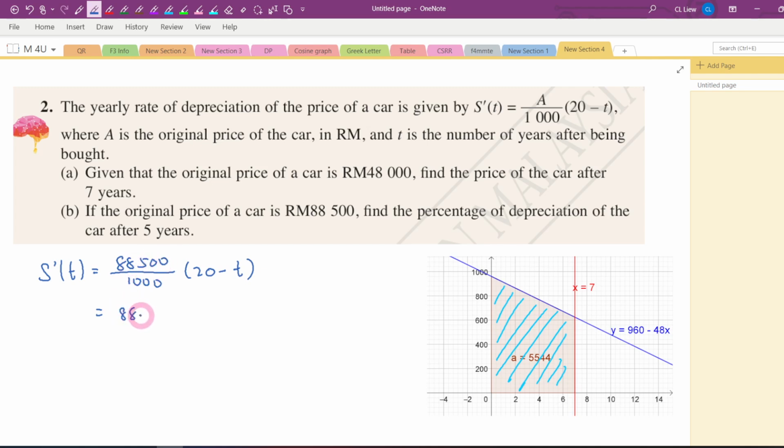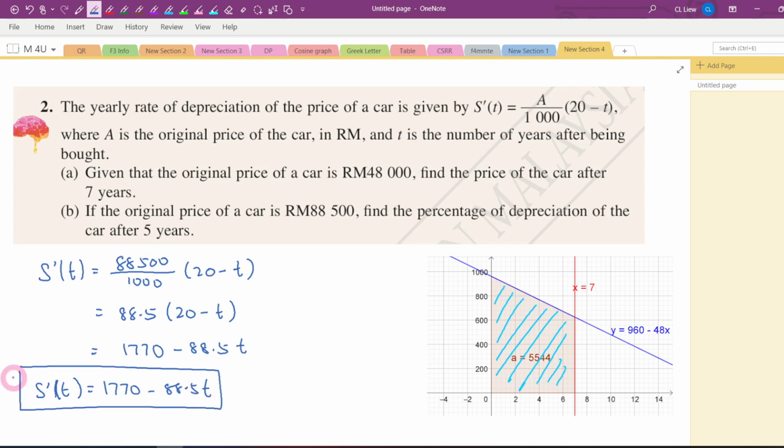This is 88.5 times 20 minus T. You can expand it. 88.5 times 20, you will be able to get 1770. And here you will get 88.5T. Now, we want to find the total price reduced. So how do we find the total amount?